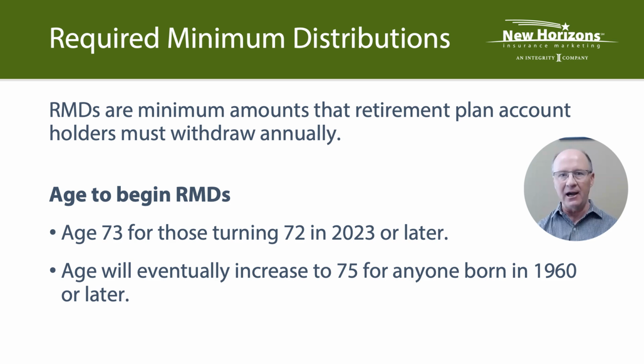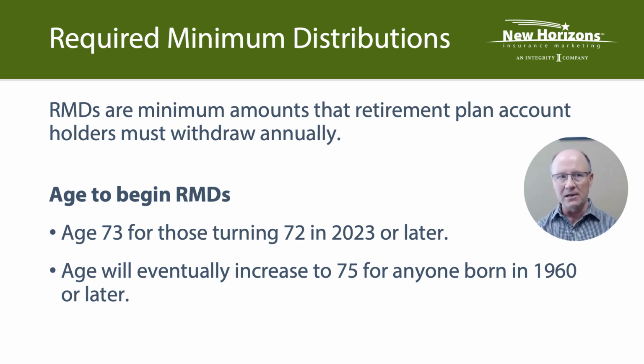So at age 70 and a half, if that money had not been taken out, I have to start taking distributions. Well, that's changed a little bit. As you can see on our slide here, it's going to be age 73 now, for those turning 72 in 2023 or later.